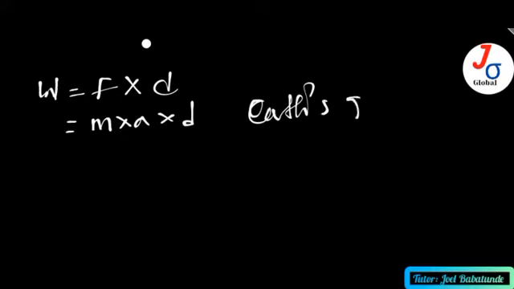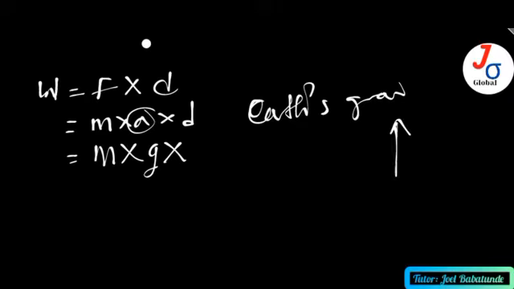Now because we're dealing with Earth's gravitational field, we're going to change this acceleration to acceleration due to gravity. Since acceleration due to gravity has to do with height, that's the vertical distance, not horizontal distance.